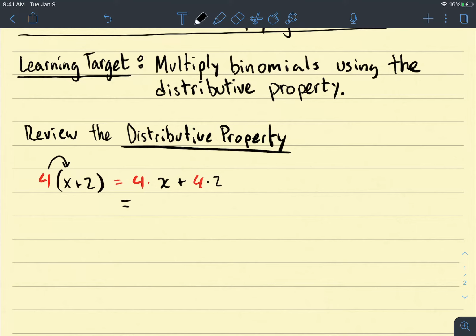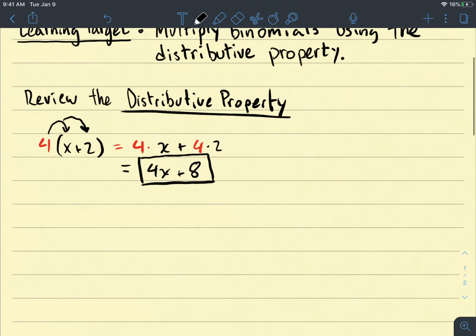What's 4 times x? That's just 4x, plus 4 times 2, which is 8. And that's it. We have distributed the multiplication of 4. 4 is your mixtape, and you're trying to give it to x and to 2. That's the way I like to think about it. If you ever walk down the street, people do that in Hollywood. So this is example 1.